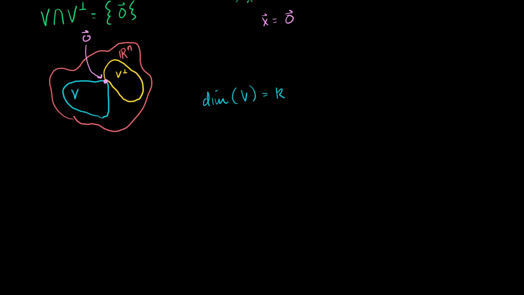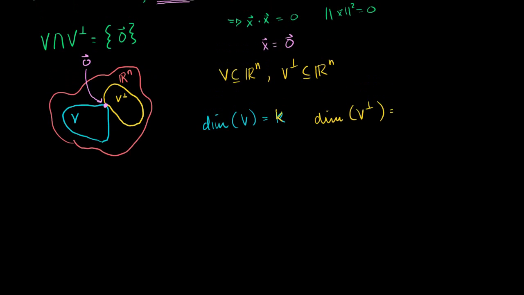If it's equal to k, we know that its dimension plus its orthogonal complement has to be equal to n, because we're dealing in Rn. V is a subset of Rn. And we also know that the orthogonal complement of V is a subset of Rn. I drew it right here. If the dimension of V is equal to k, then what's the dimension of the orthogonal complement of V going to be?